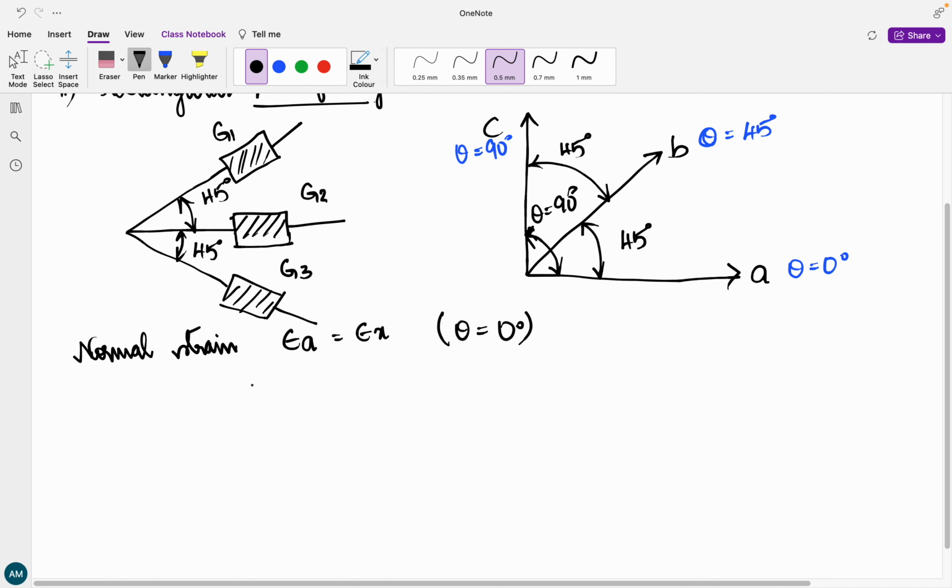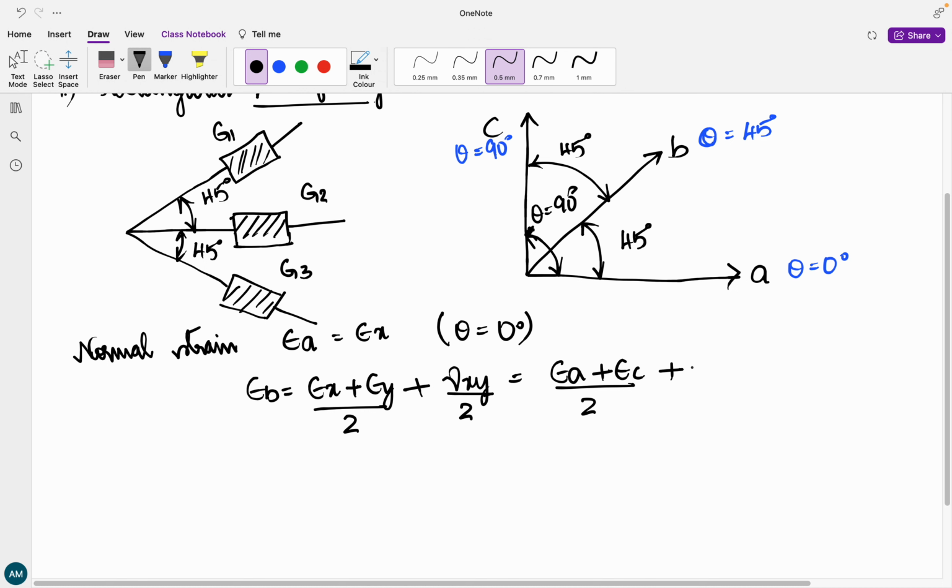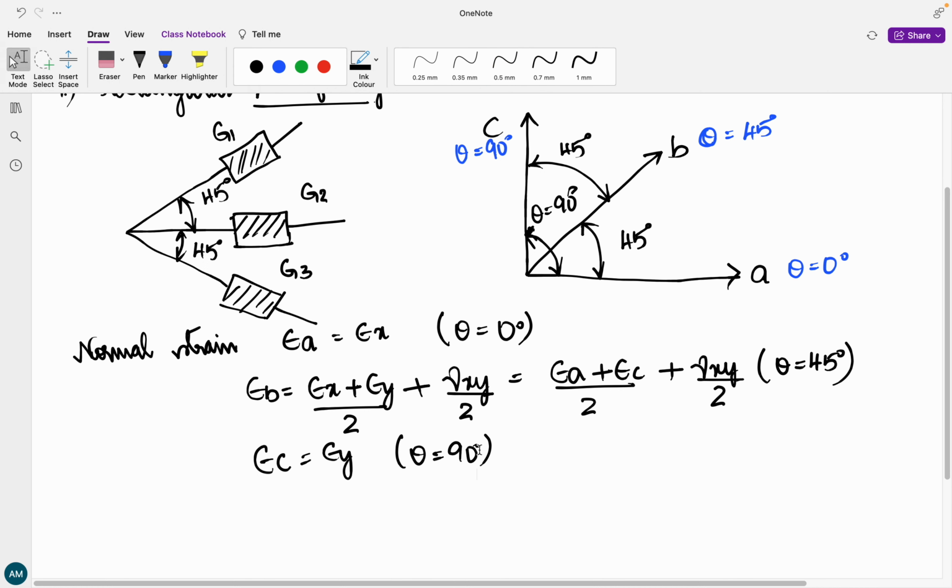Alright, then epsilon B is equal to epsilon x plus epsilon y by 2 plus gamma xy by 2, or I can write it as epsilon A plus epsilon C by 2 plus gamma xy by 2. Theta is equal to 45 degree, and epsilon C is epsilon y, that is theta is equal to 90 degrees.